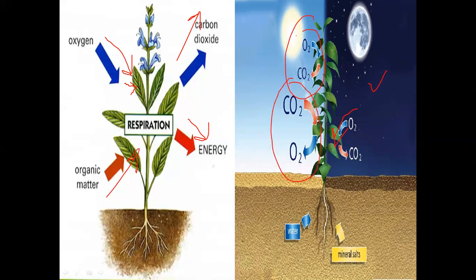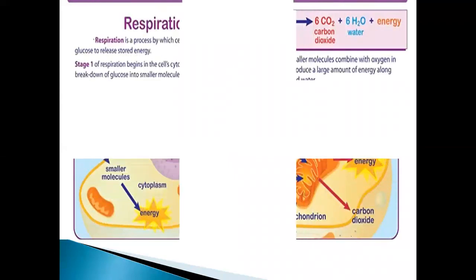It means in respiration, they take in oxygen and take out carbon dioxide, and for photosynthesis, they take in that carbon dioxide and release oxygen as a result. And water and minerals are continuously absorbed by the roots according to their need.